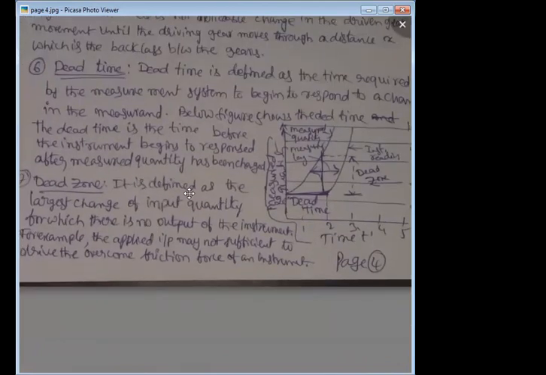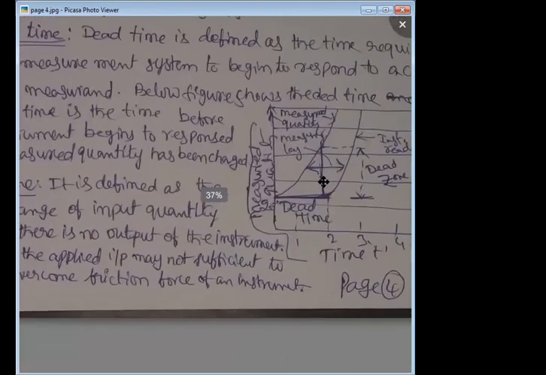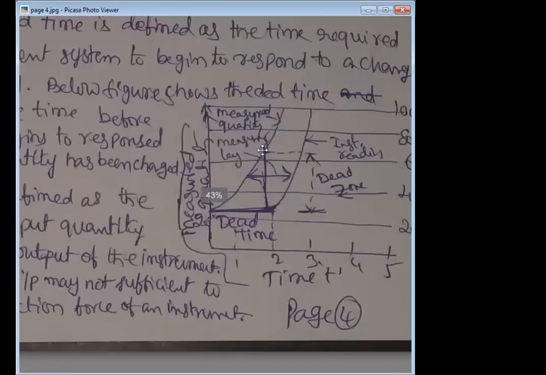And coming to dead zone. Dead zone is the largest change in the input quantity for which there is no output of the instrument. Up to this point there is no output; the instrument does not respond yet.